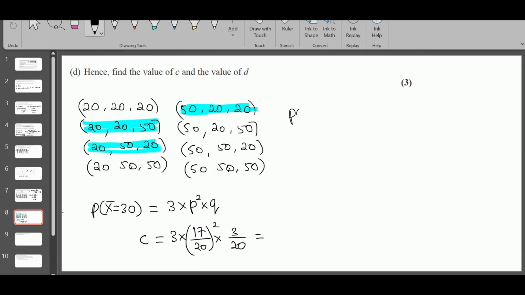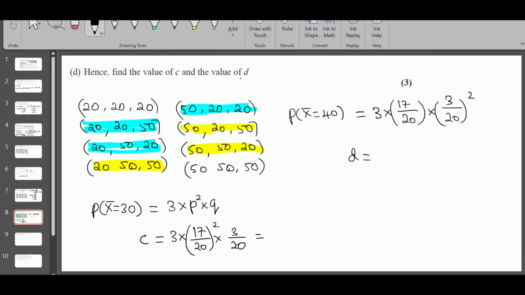And then P of X bar equal to 40. You are getting these combinations, 20, 50, 50, 3 of them. That's basically 3 times one 20p coin and two 50p coins. So 3 over 20 whole squared.